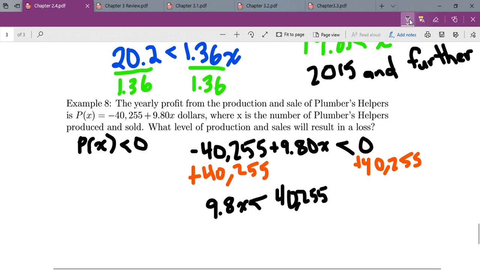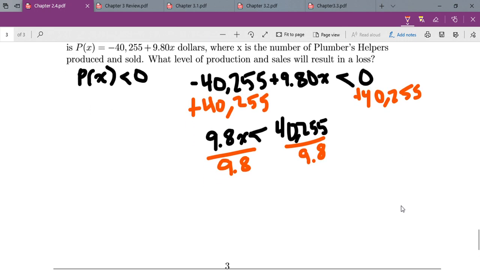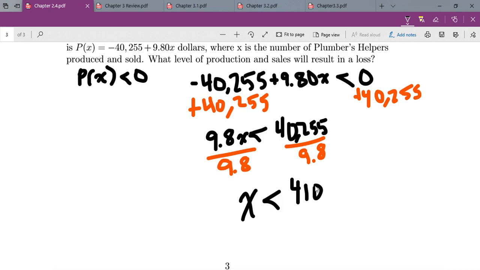So obviously what we need to do next is divide by that 9.8. So when X is less than, you can use your calculator here because that's what I'm about to do. 40,255 divided by 9.8 should give you 4,107.6.